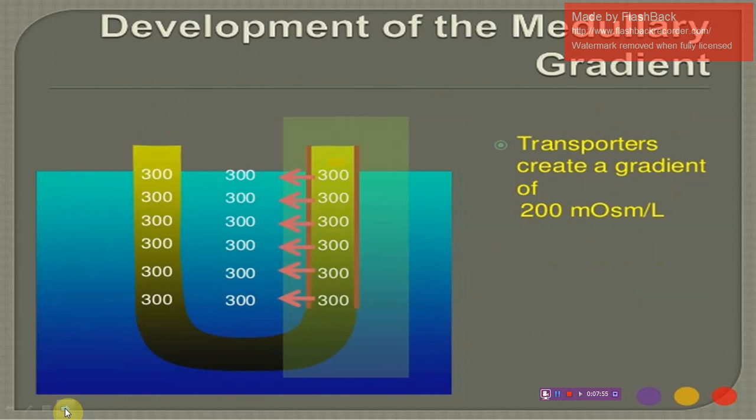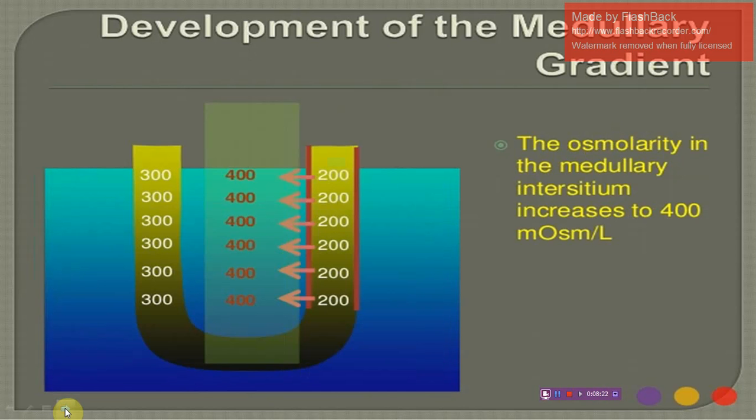Here we see that the 300 milliosmol fluid in the ascending limb of loop of Henle, and the solutes are coming out, so the medullary concentration gradient will increase. And now the medullary concentration is 400 and the concentration inside the ascending limb of loop of Henle is 200.